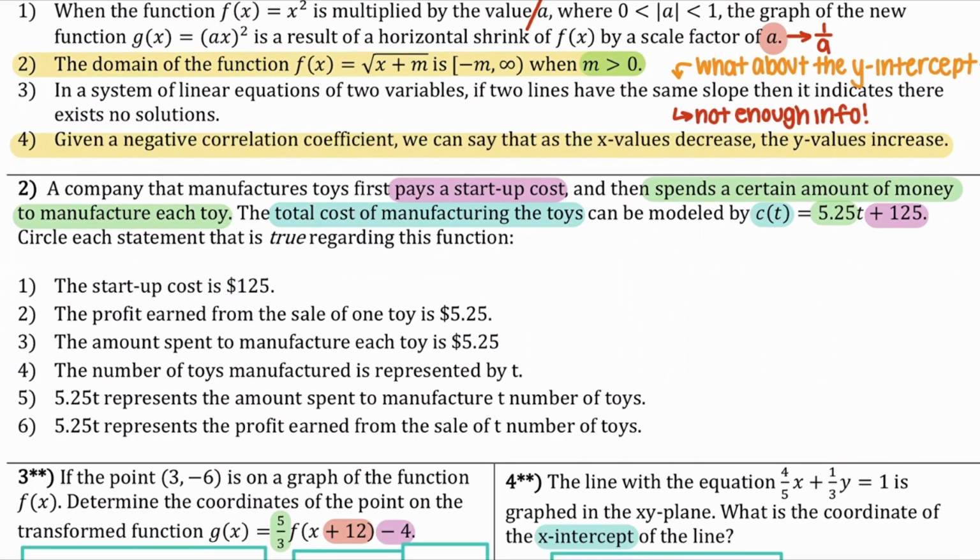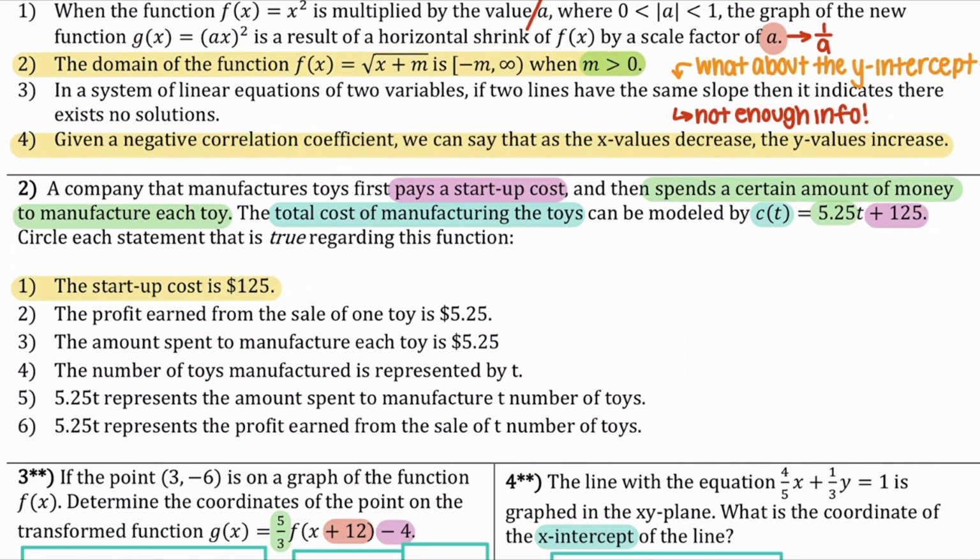So let's see. Number 1, the startup cost is 125. Yup, exactly what we said. That is a one-time fee that doesn't need to be paid multiple times. Number 2, the profit earned from the sale of one toy is $5.25.